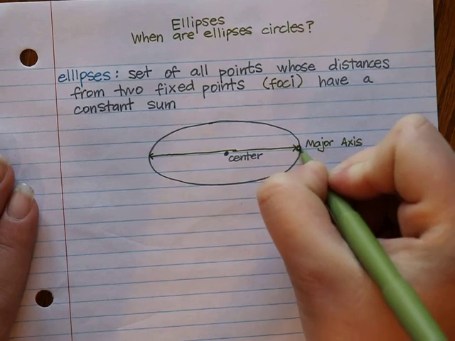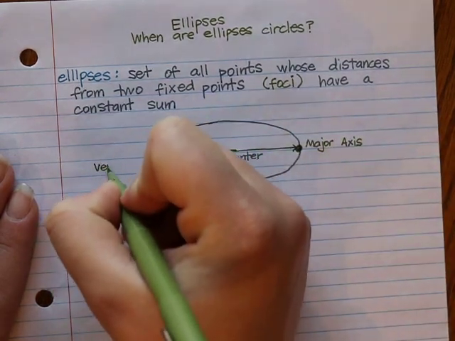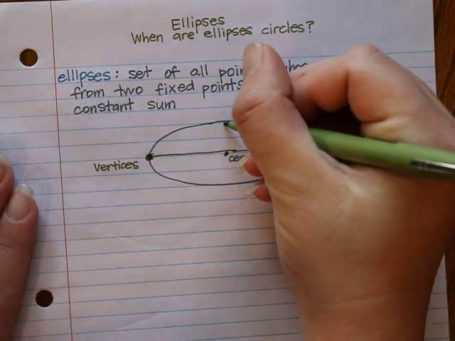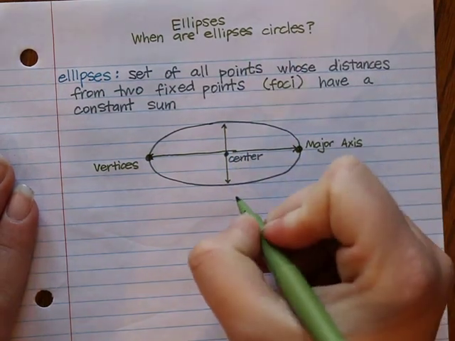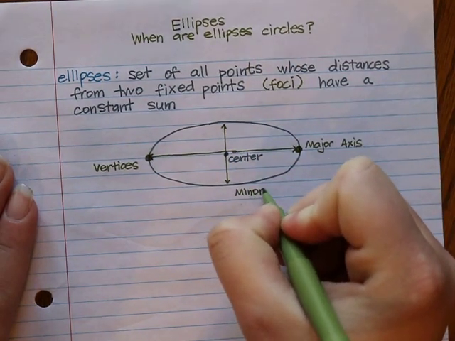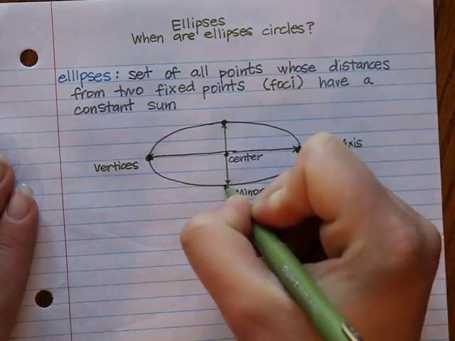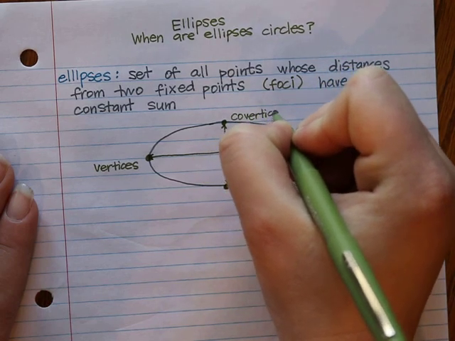And at the end points of our major axis are the vertices. It also has a minor axis. And at the end points of the minor axis are the co-vertices.